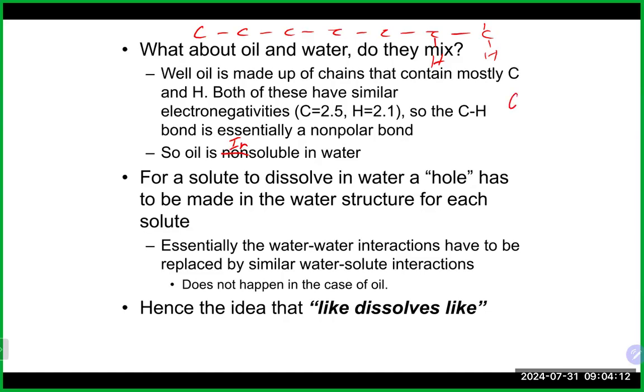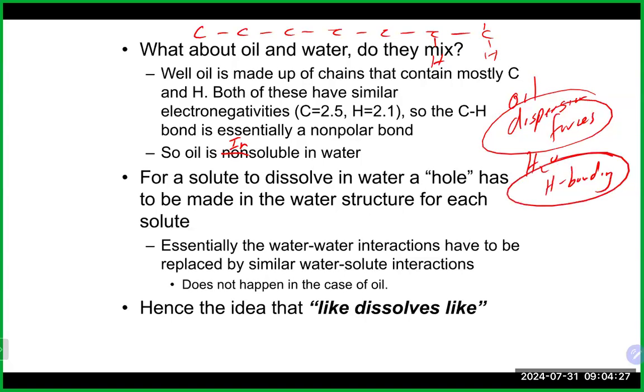Oil is going to want to use dispersion forces, and water, once again, is going to want to use hydrogen bonding, which is a super difference in strength and in how it works. They're not going to be very soluble in each other. What you typically see when you have oil and water is the oil will float on the water, because there's no way for it to mix.